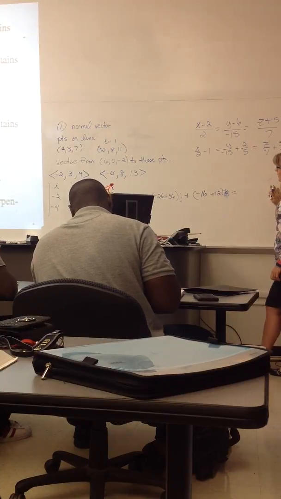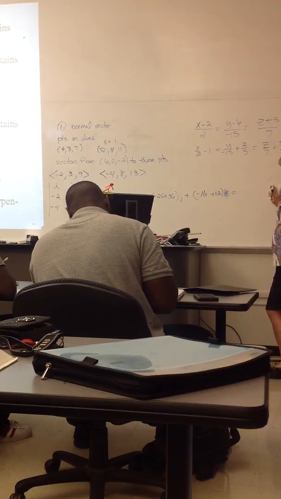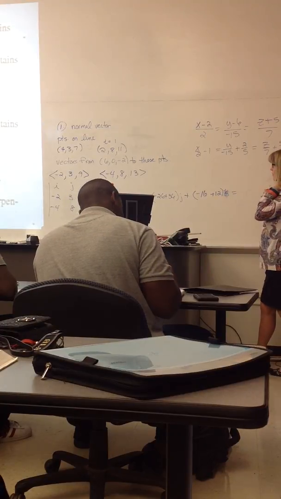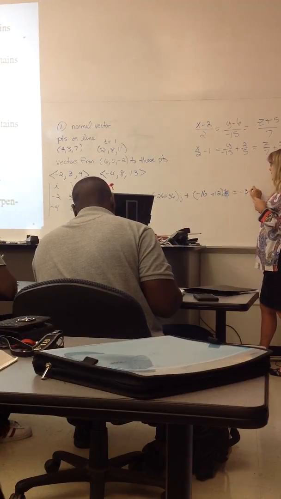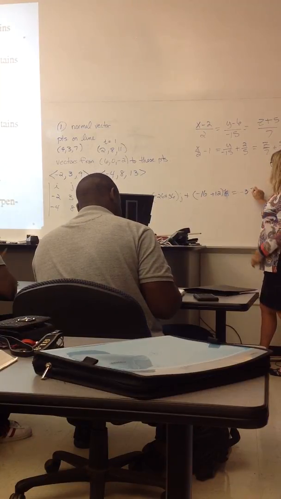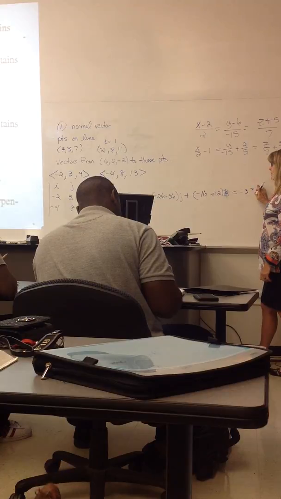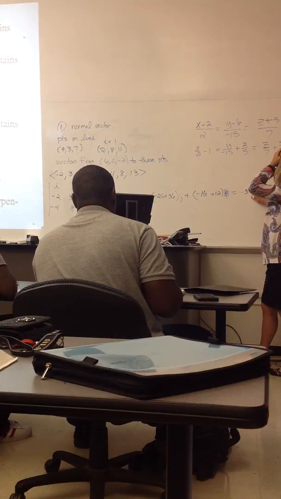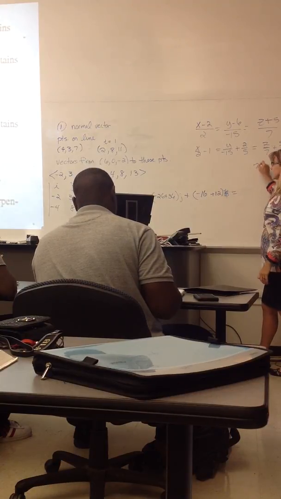So let's see, 39 minus 72 is negative 33, right? Gotcha.